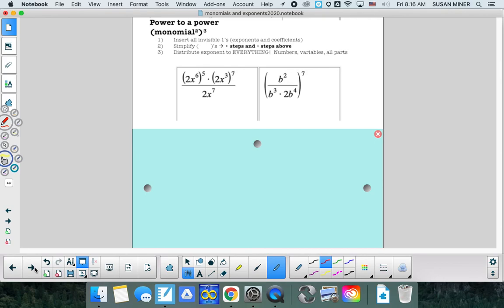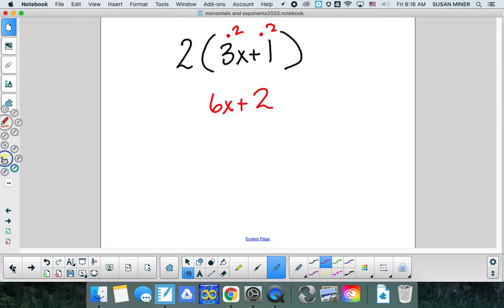Let's not start right here with the rules. Let's go back to this page here, and let's think about what is happening when I have an exponent to start with. Like if I have x to the third power, what is happening there? Well, if we remember from yesterday when we were talking about exponents, it is x times x times x.